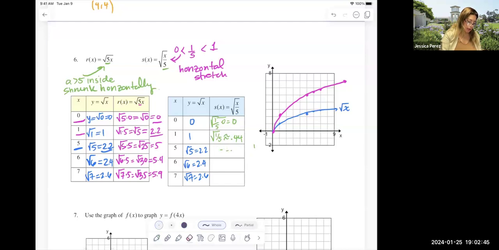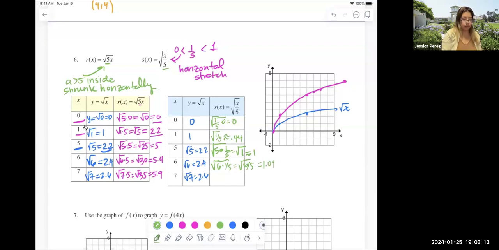So here it's going to be the square root of 5 times 1/5. That's the square root of 1, which is 1. And then here is the square root of 6 times 1/5. The square root of 6 over 5, and again, I'm going in order, is 1.09.